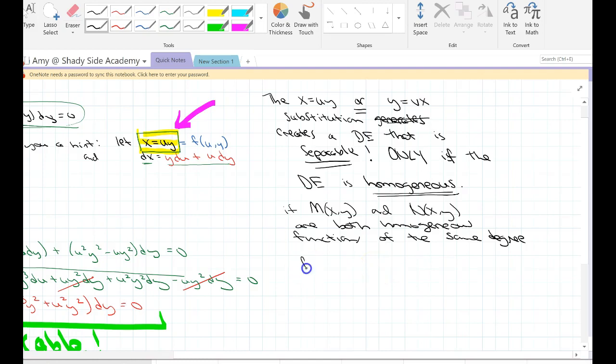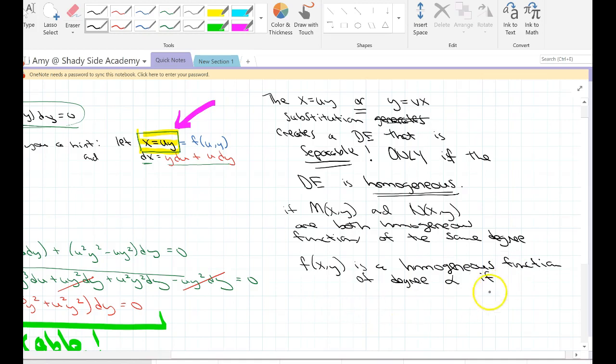F of, let's just say, x comma y is a homogeneous function of degree alpha if the following is the case. Are you ready?